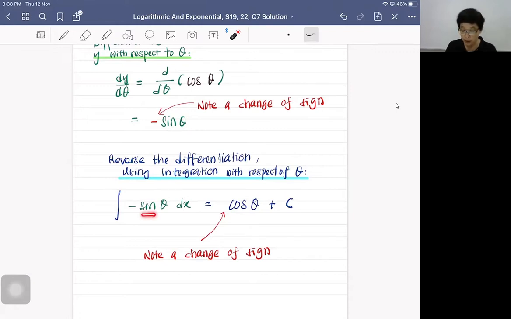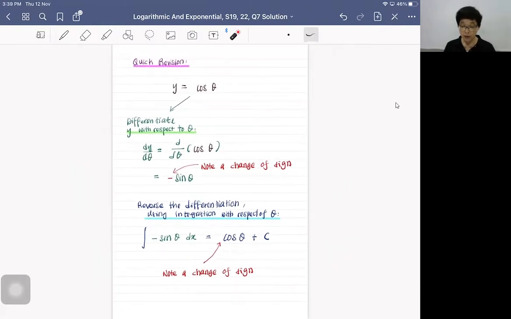Therefore, from sine we go back to cosine. As for the sign changing, you remember that: integrating negative sine, we get a positive cosine. Again, I need to emphasize, no change of sign happens here. All right, so this is a quick revision of this area.